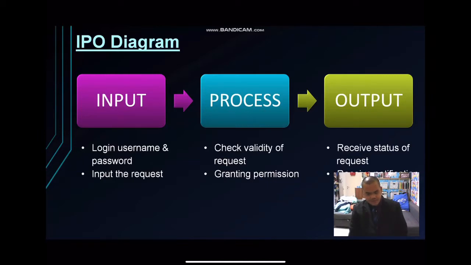And the output: the result or information wanted to be achieved. In input, you log in with username and password and input the request. Process: check validity of the request and grant the permission. And the output is a received status of the request and the received notification.